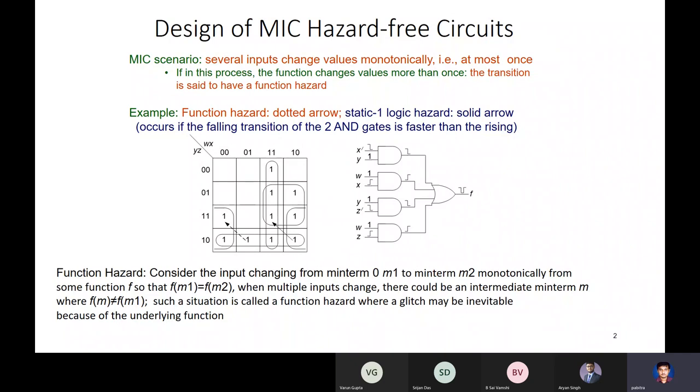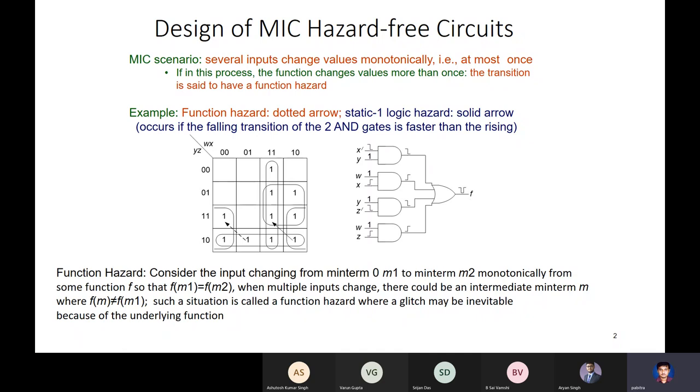Or there may be a dynamic hazard, where the output moves from 0 to 1 or 1 to 0, and there may be a non-monotonic change in the output. Both of these are very easy to remove. You add an additional covering cube which covers this adjoining non-common one, and that introduces an additional AND gate, and that will force the output OR to be 1 even under glitches.